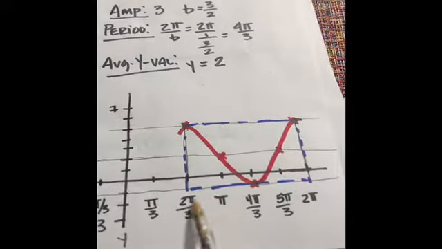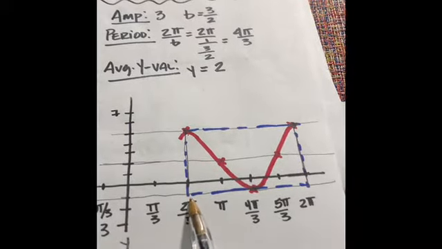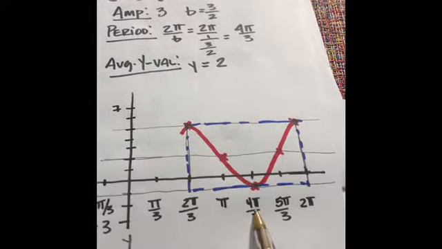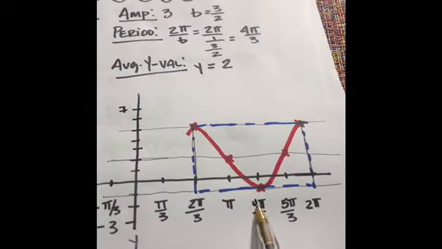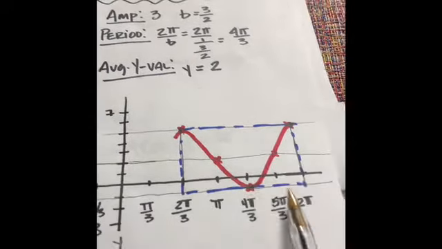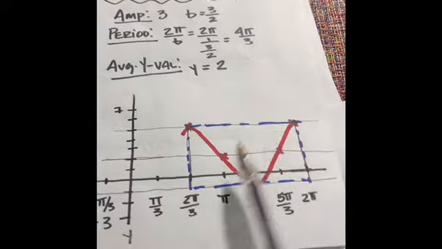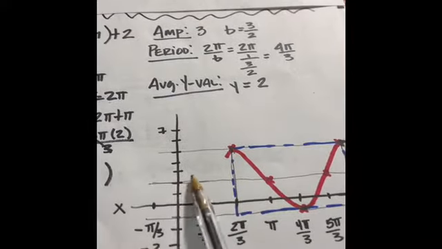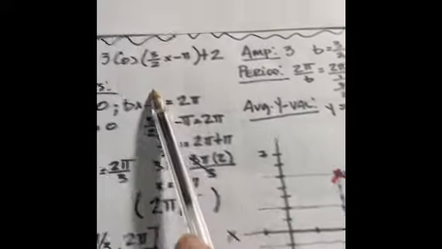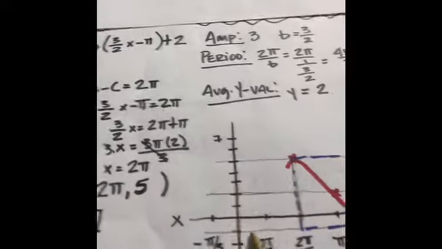So I have to split my period in 4: 1, 2, 3, and 4. Since it is a cosine function, it is going to be U-shaped. The graph is U-shaped with an amplitude of 3, which is the coefficient of the function, above and below the average y value.